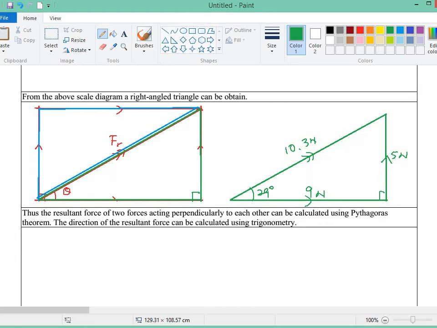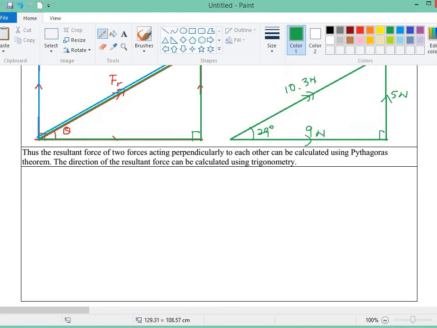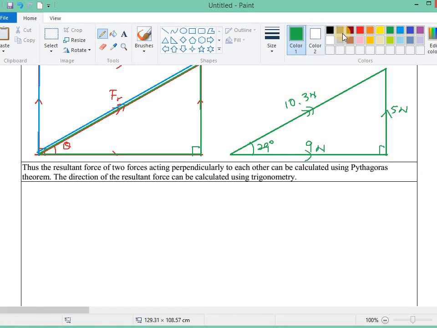So from the parallelogram or from the scale diagram, we can get a right angle triangle. If we can get a right angle triangle, that means the resultant force of 2 forces acting perpendicularly to each other can be calculated using Pythagoras theorem.